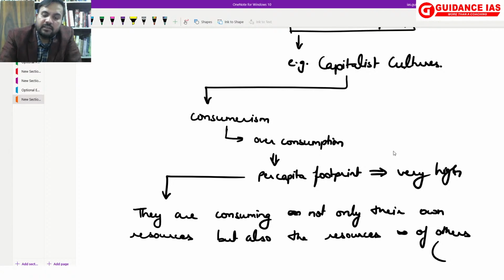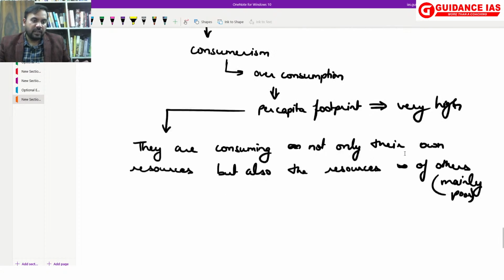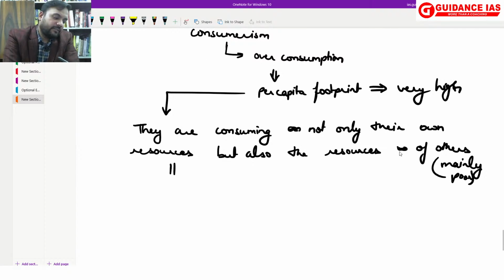And who are these others? Mainly the poor. This can be poor groups, poor countries, and as a result the problem of resource scarcity arises.